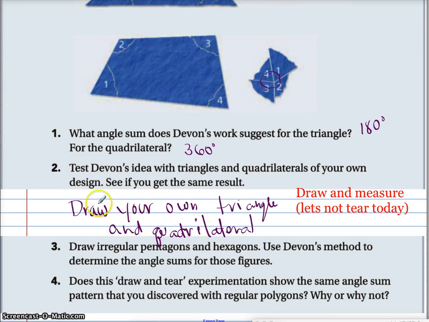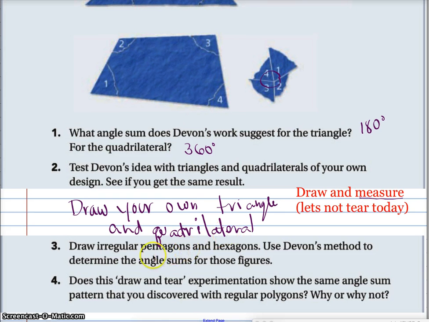Don't write this down. Actually do this. And I don't want you tearing them off. I don't want to make a mess in the room. So instead of tearing off the corners, after you draw your quadrilateral, just measure the corners and add them up. I'll show you what mine looks like in just a few minutes.